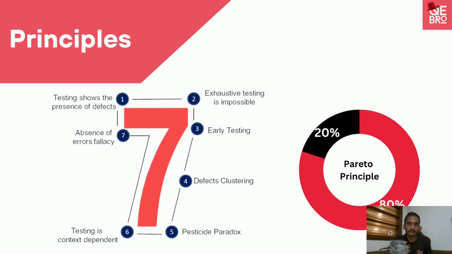Then the login, likewise you can have different components. And then if you group these bugs you have identified, you can check the Pareto principle. Most of the time you will see 80% of the defects you have identified are coming from 20% of the components, or 20% of your modules will cause 80% of the bugs. So that is called the Pareto principle.